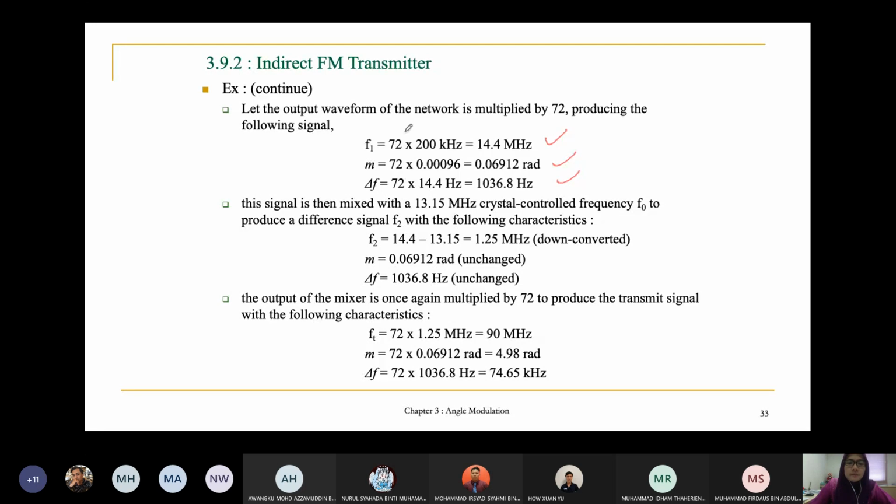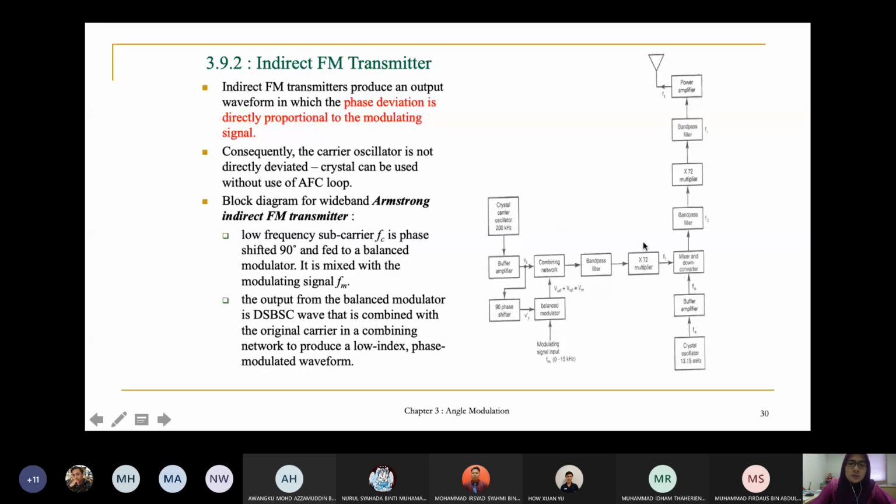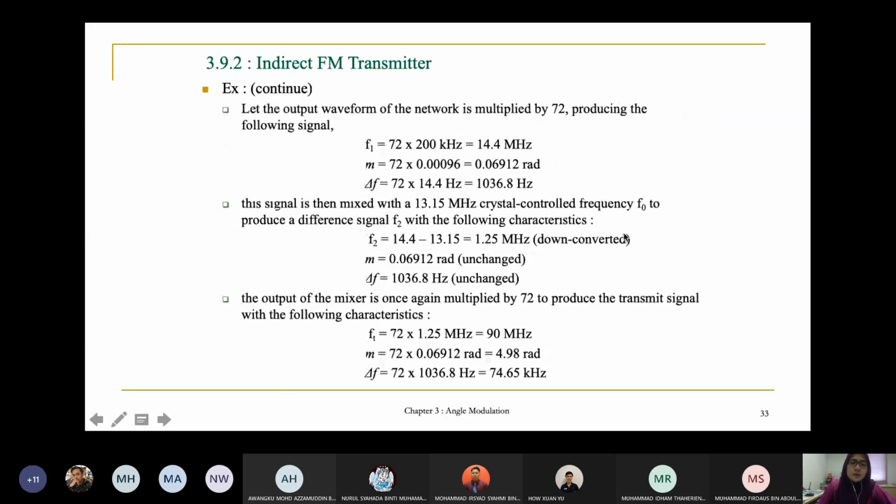So then, after the multiplication process for the first multiplier, the signal will go to the heterodyne process, or the mixer and down converter.